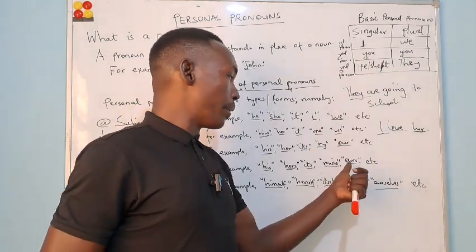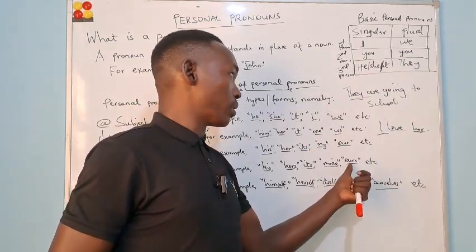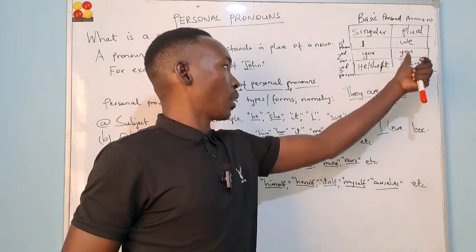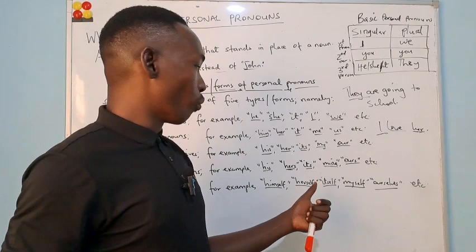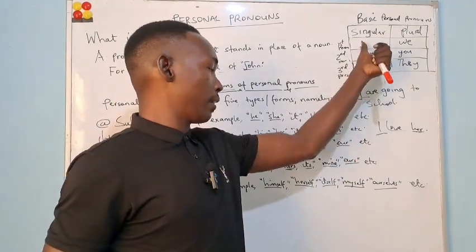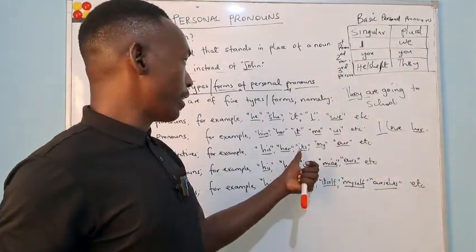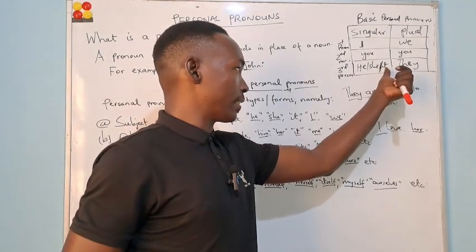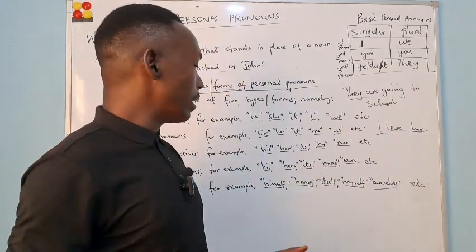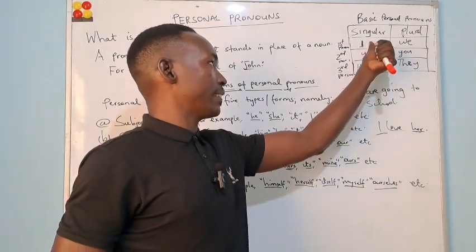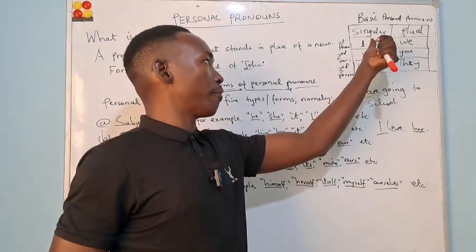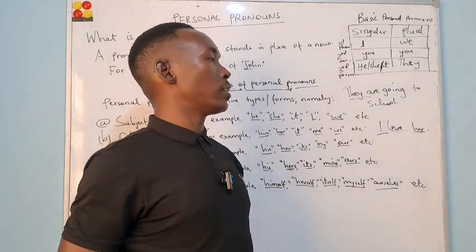For example, the basic form of ours is this here, we. The basic form of mine is here, I. The basic form of its is here, it, from this subject. And the basic form of mine is here, from the first person singular.